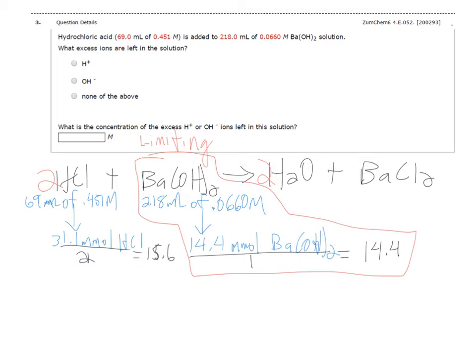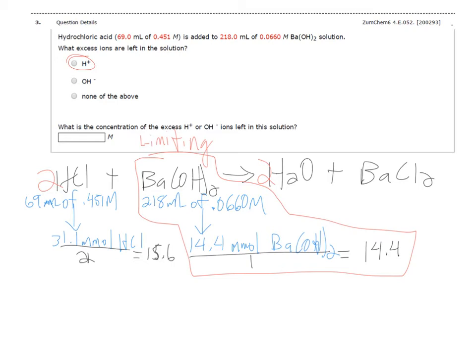There will be no hydroxide left over in the solution. The other reagent, which contains hydrogen ions, will be in excess, and that means at least some hydrogen ions will be left in solution. So hydrogen ions is the correct answer, at least for the red numbers that I was provided in this WebAssign problem.